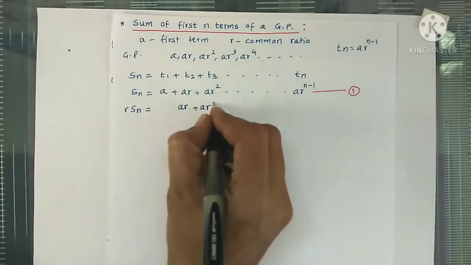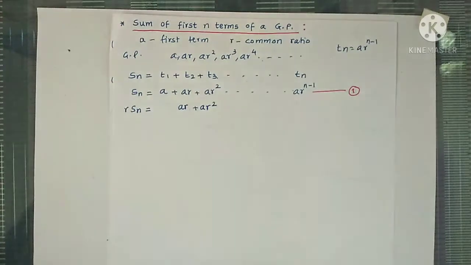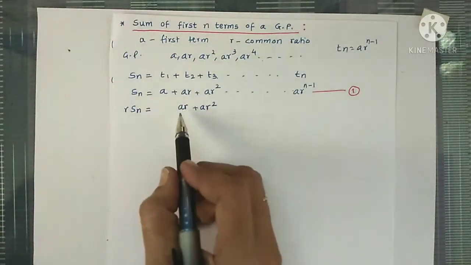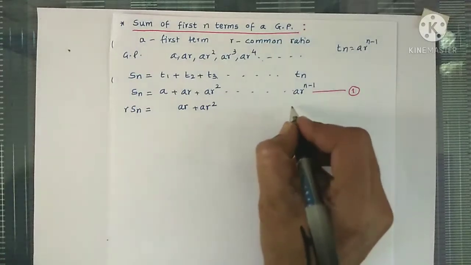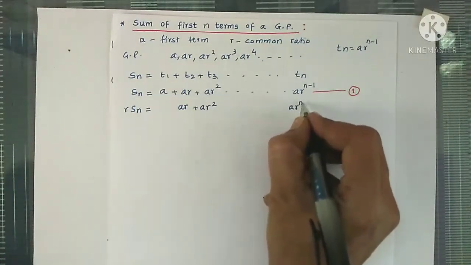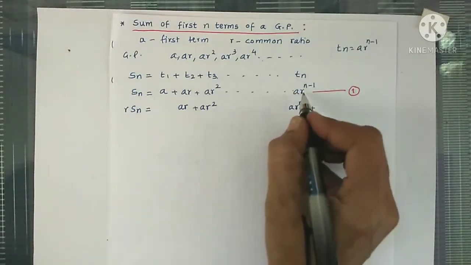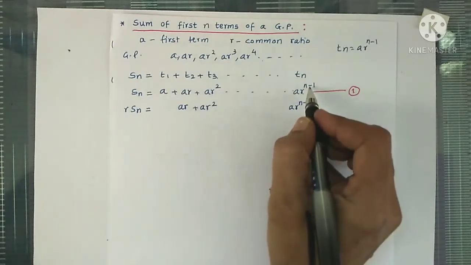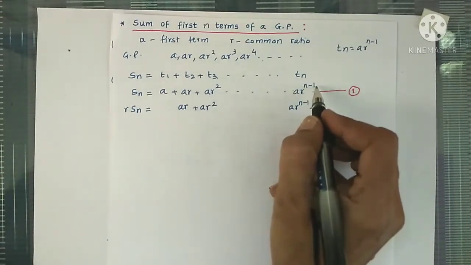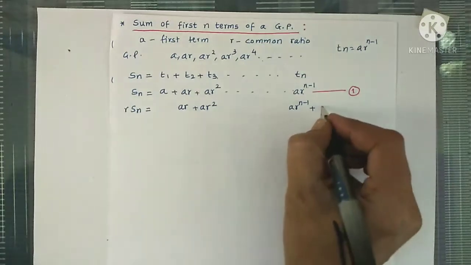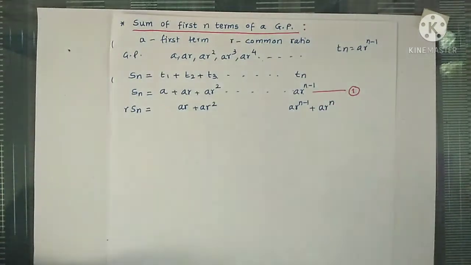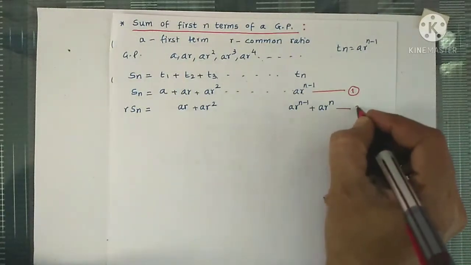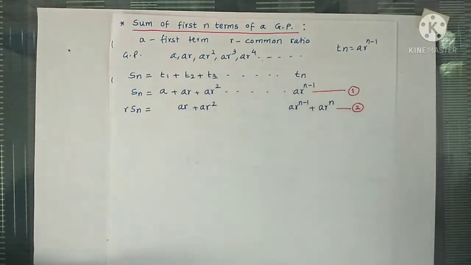So we can see that every term gets shifted by one place. Then here we will have AR raised to n minus 1, and multiplying this by R, adding 1 to the index, we get n minus 1 plus 1. So minus 1 plus 1 get cancelled and we get AR raised to n. Again we have n terms here. Let this be our equation number 2.